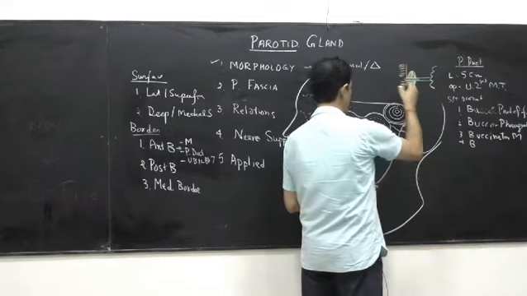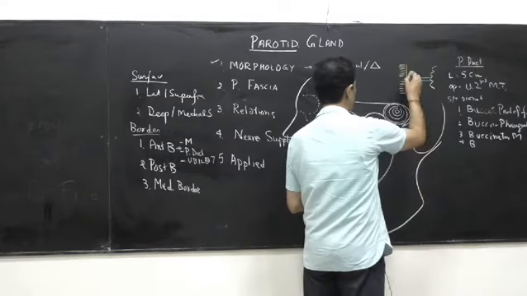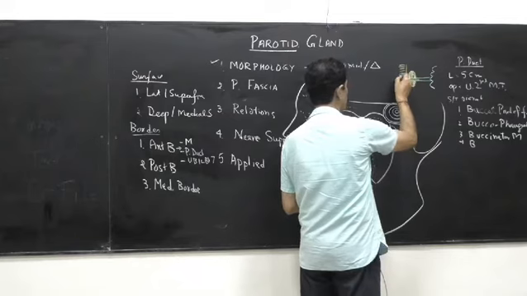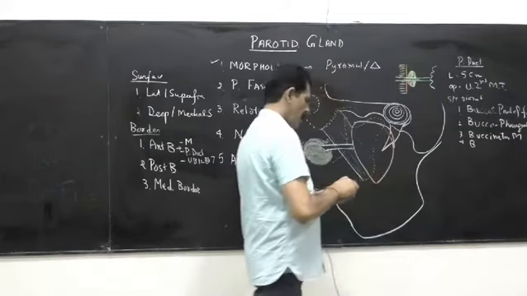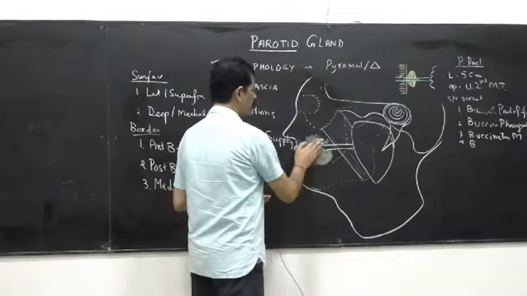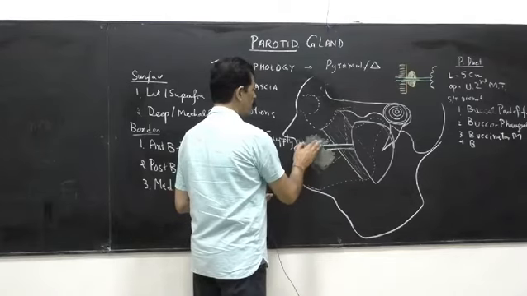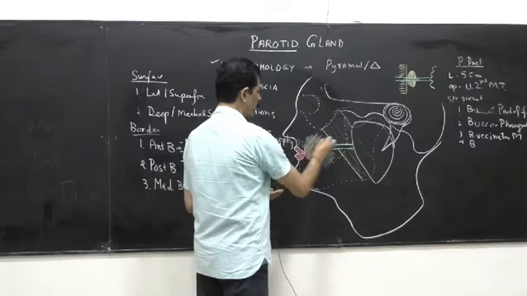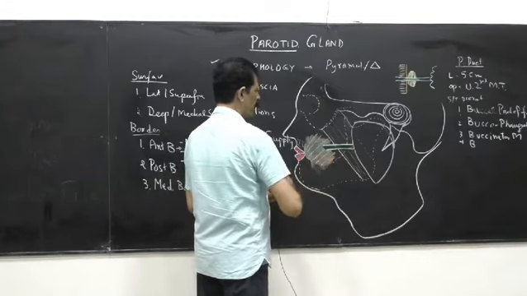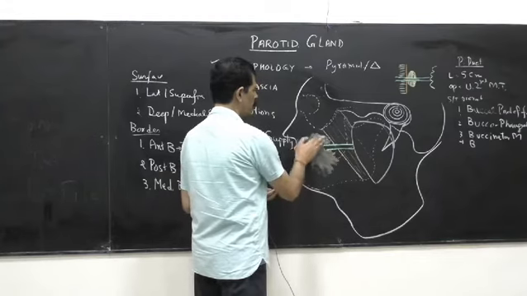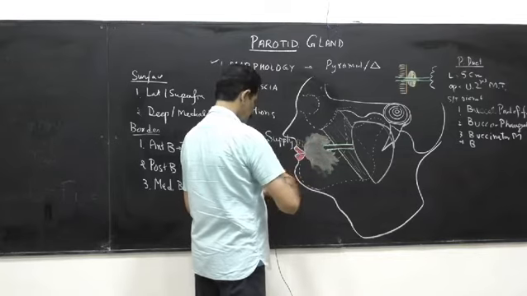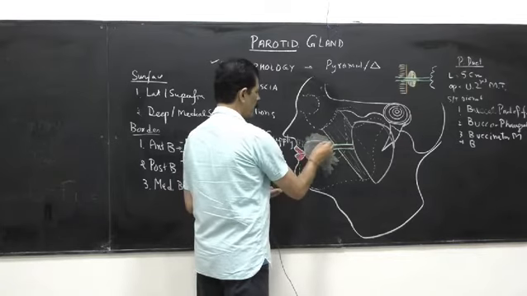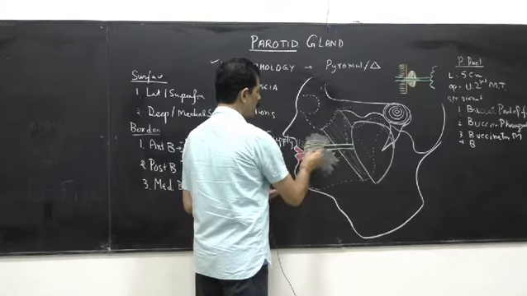So the horizontal fibers of the buccinator muscle, it pierces. So when we remove the buccal pad of fat in the dissection, below which what do we find? Buccopharyngeal fascia. When we remove this fascia, the third obstacle we find is the horizontally running fibers of buccinator muscle.